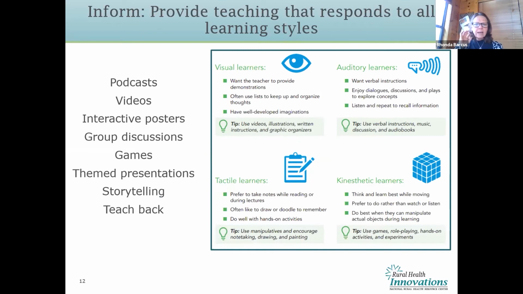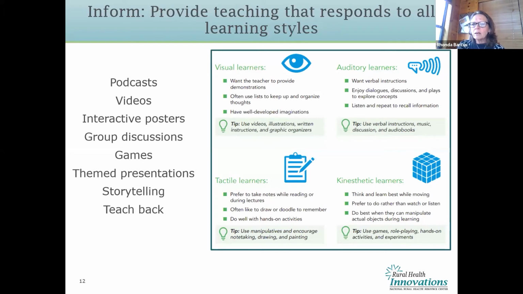So again, instead of a one size fits all, finding ways to engage any of your learners, regardless of which learning style is easiest for them. So, visual learners are going to probably want demonstrations. They like lists. So things like videos, illustrations, written instructions, graphics are very helpful for the visual learners.